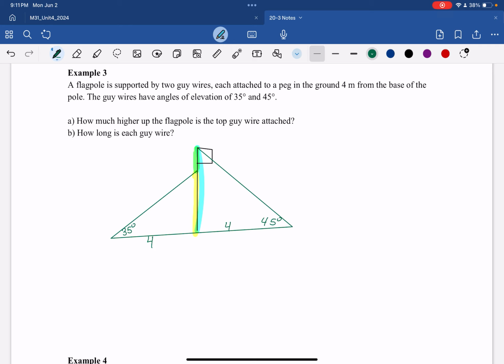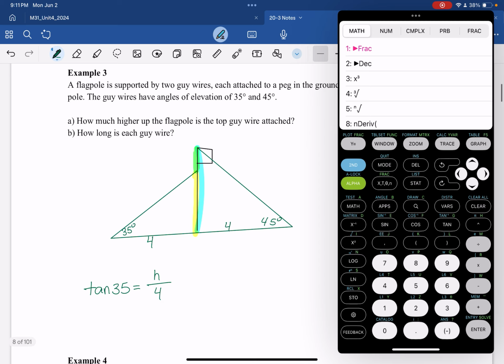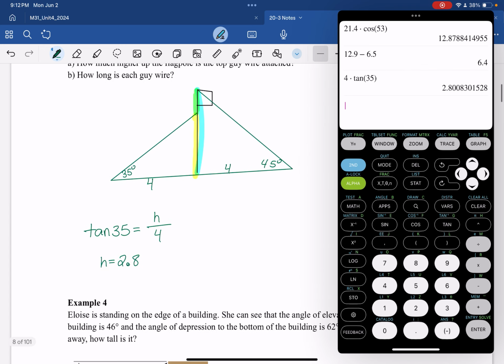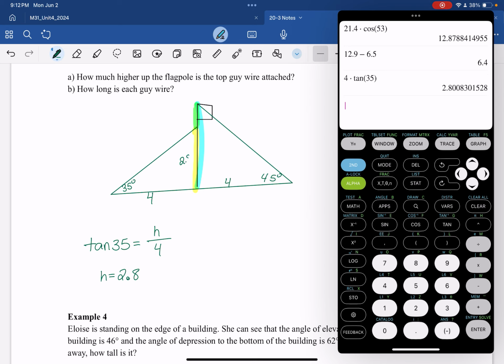The height is an opposite side, so I'm going to use tan. So tan of 35 is equal to, and I'll say height over 4. Okay, so then I'm going to take 4 times tan of 35. So my height here will be 2.8. Okay, so that'll be the yellow line.